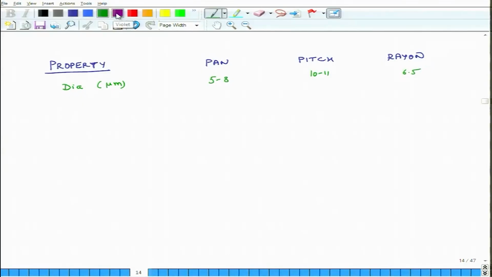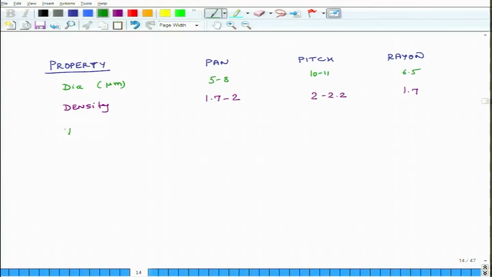Let us look at density, or specific gravity. This is 1.7 to 2. So, there is a lot of variation. Pitch is heavier, more dense, 2 to 2.2, and this is 1.7.